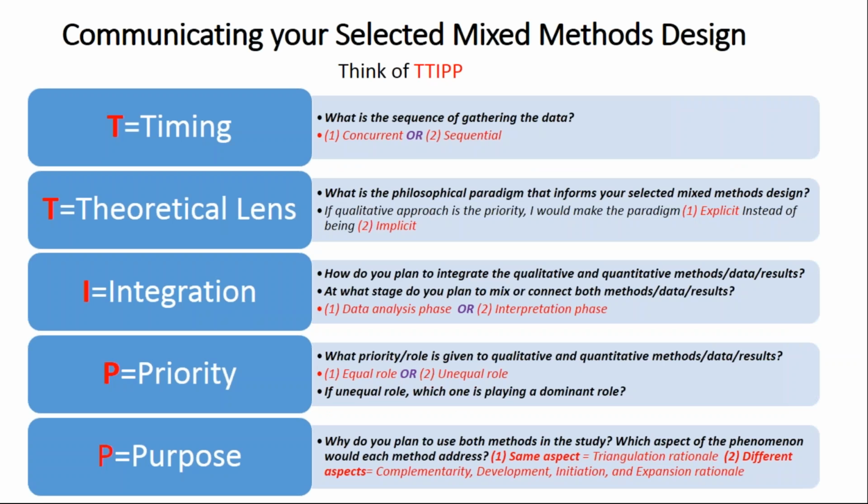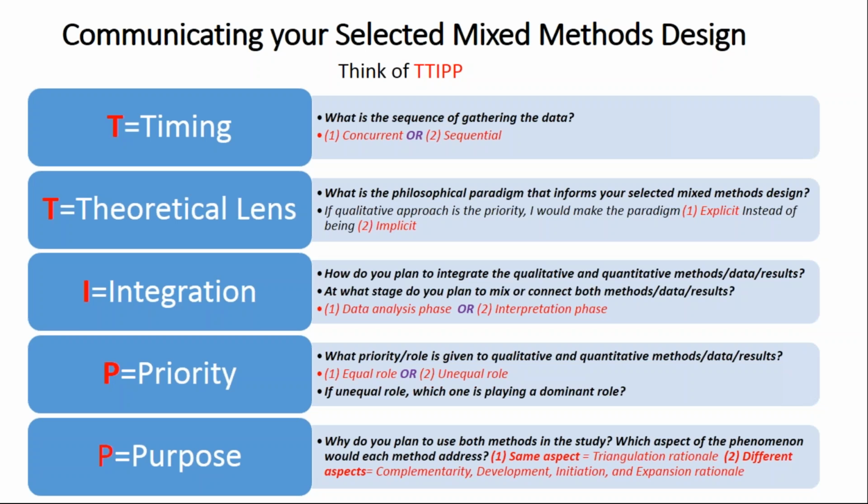Communication. You have to communicate it well to your audience. If you want to use a specific approach, the mixed method approach, you have to really define what the approach is all about to your audience. Maybe they don't know much. You have to cite a source, and I think I've provided some references to help you read further concerning the mixed method approach.